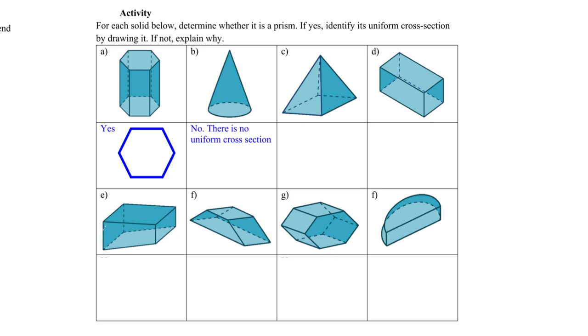The same goes for example C. There's no cross section. For part D, yes, there is. In fact, for this particular example, there are two possible cross sections that we can see. One is the square at both ends. One is the rectangle.